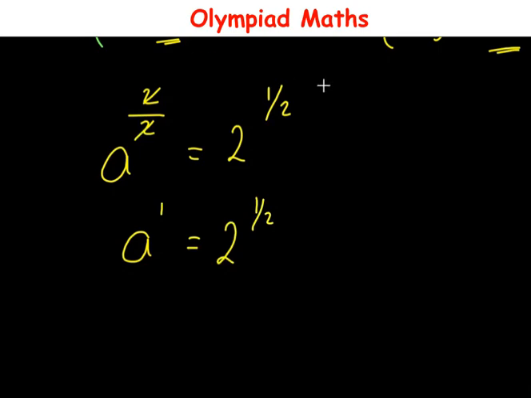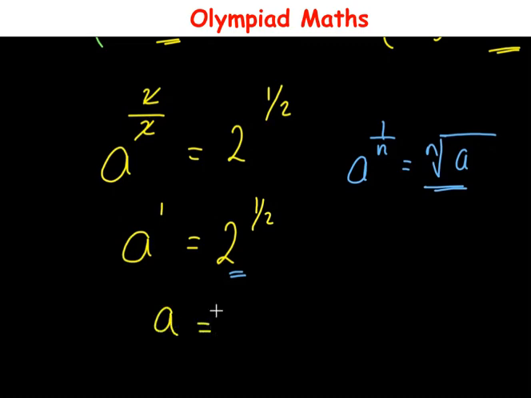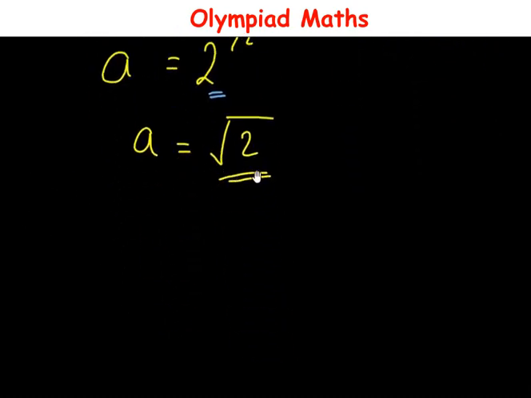At this junction, applying this rule of indices, that if you have a raised to power 1 over n, this equals the nth root of a. So a raised to power 1 is a, which equals the square root of 2. With this, we have gotten the value of a, which equals the square root of 2.